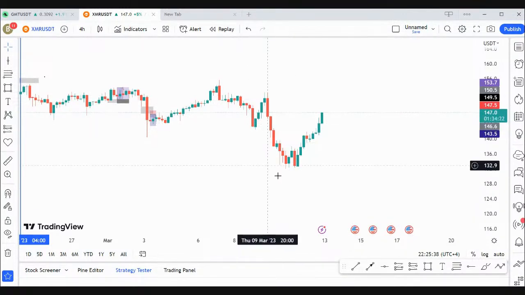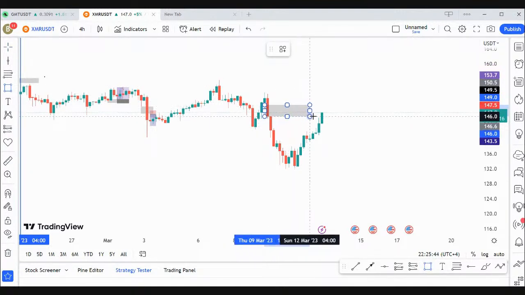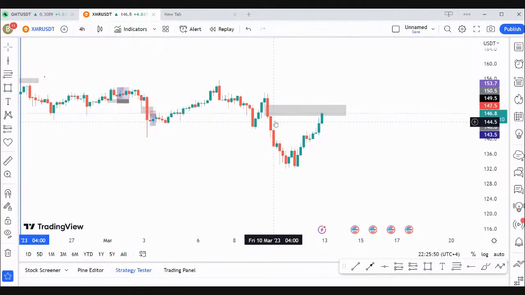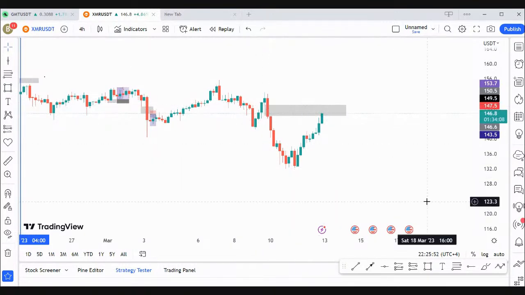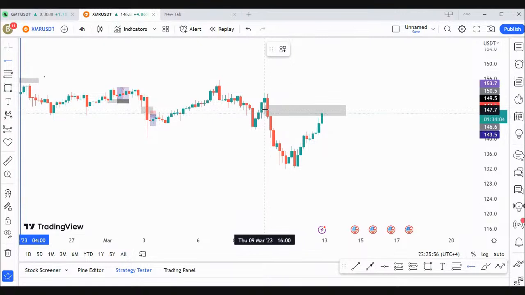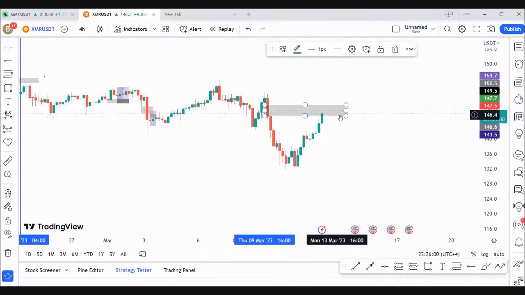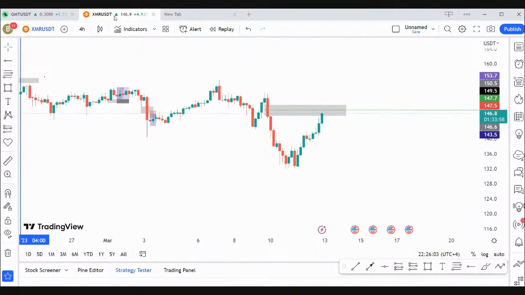Another thing that is liable to happen in this coin is this. See that this area is an imbalance. As I'm looking at this coin here, two things are likely to happen. Another thing you need to think about when plotting an imbalance is that when you want to set your entry, make sure that you take 50% of this imbalance.